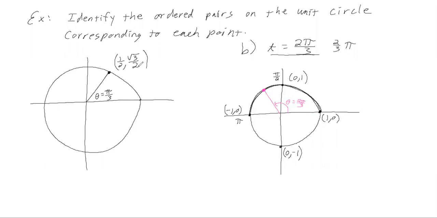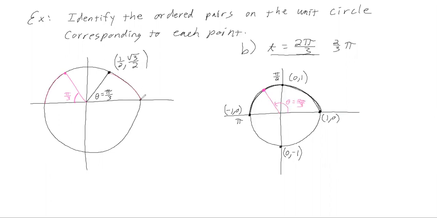Now, if I'm thinking about a point over here with a reference angle of pi over 3, remember, that acute angle formed by the x-axis and a terminal side? Then this point right here is moved the same amount as this one is.